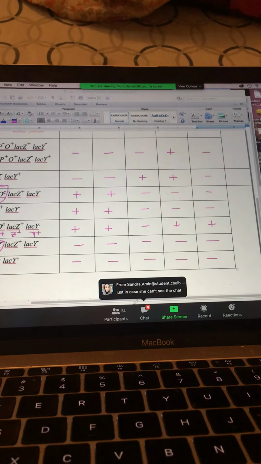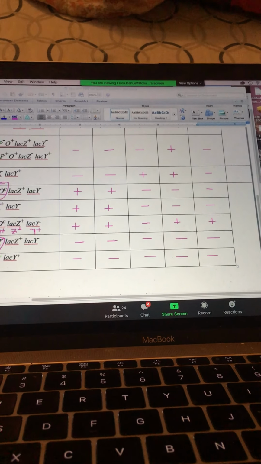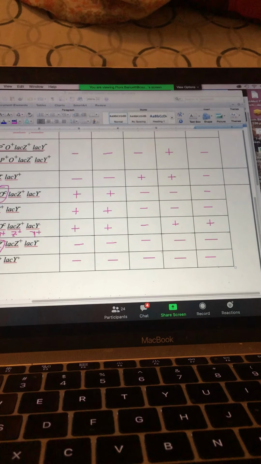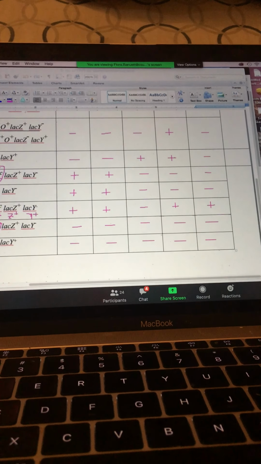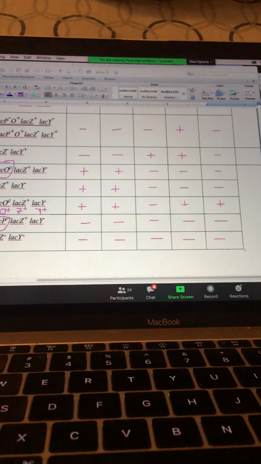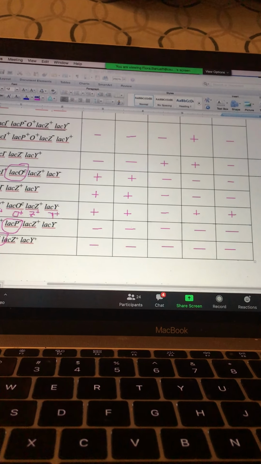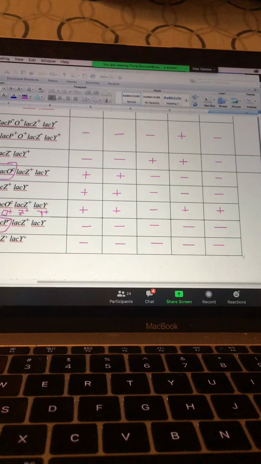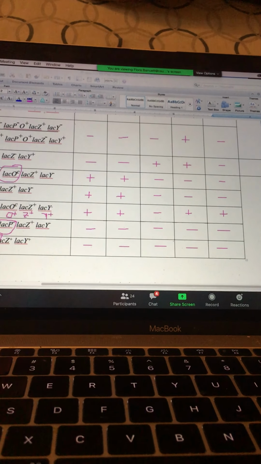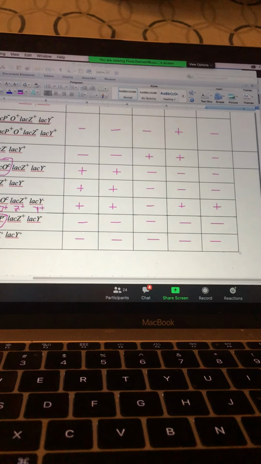Trans-acting and dominant, because it's a repressor mutation, so it will bind to any operator as long as the operator is wild type. If the operator is constitutive, then that is another story that I'm going to let you think about.